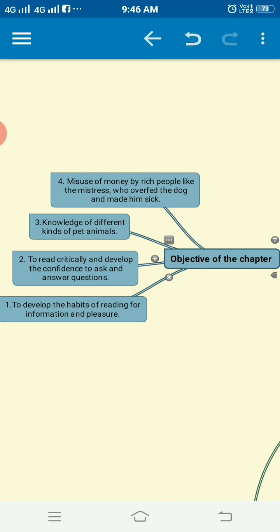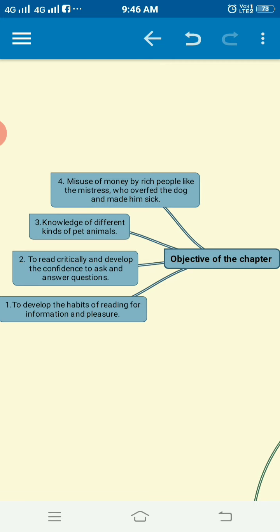And the fourth objective is to see how rich people misuse their money, how the mistress of the pet dog named Tricky overfed this dog and made him sick. So these were the main objectives. The writer wants to teach you the main things about rich people.